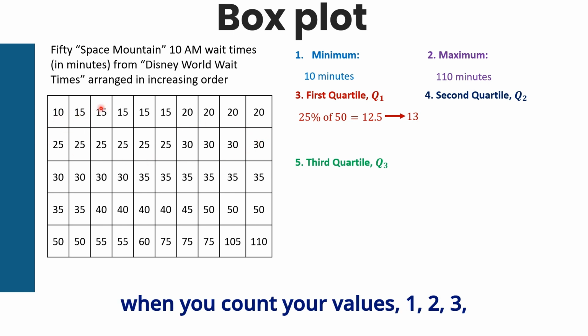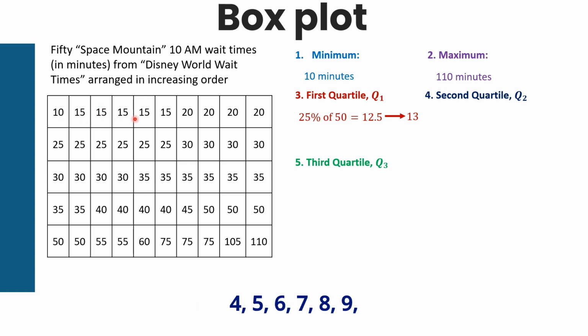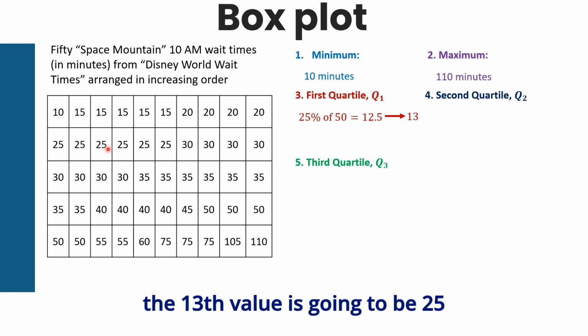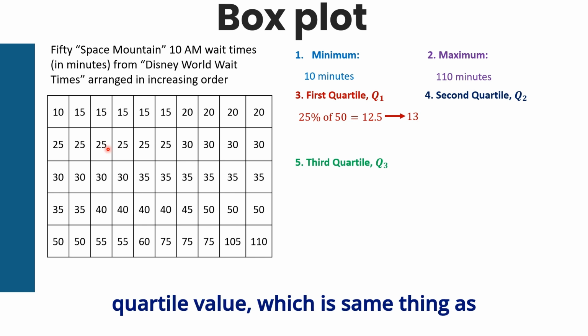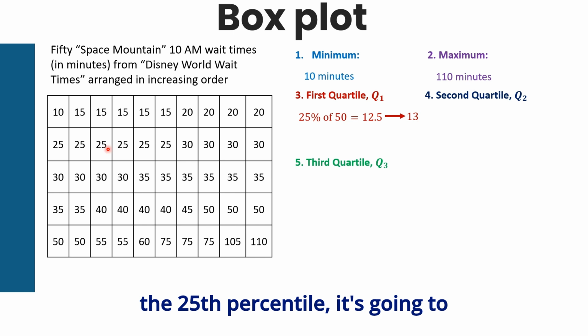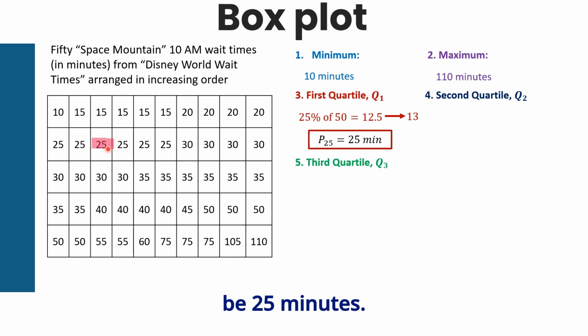When you count your values, 1, 2, 3, 4, 5, 6, 7, 8, 9, 10, 11, 12, 13, the 13th value is 25 minutes. So the first quartile value, which is the same thing as the 25th percentile, is 25 minutes.